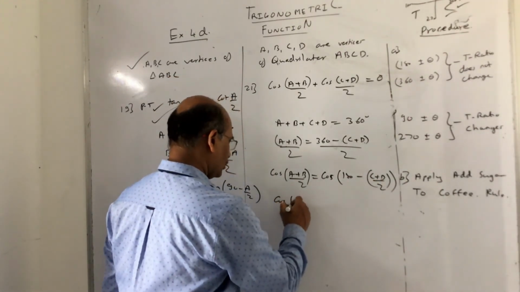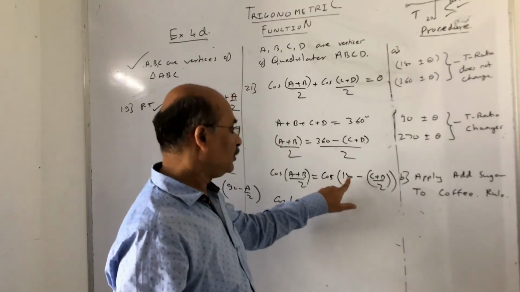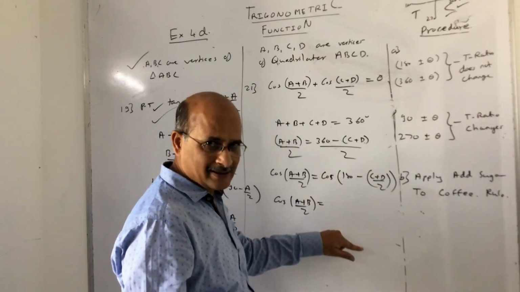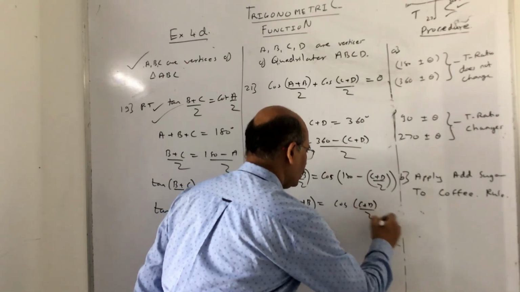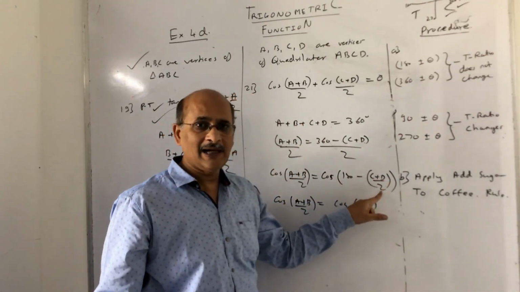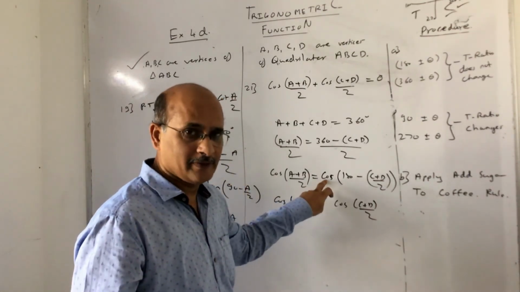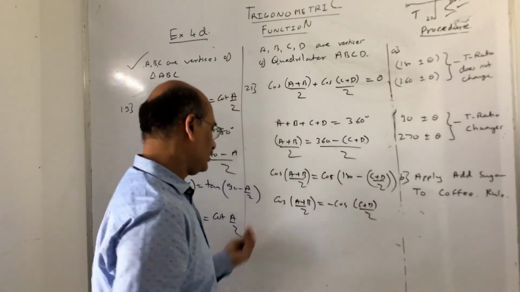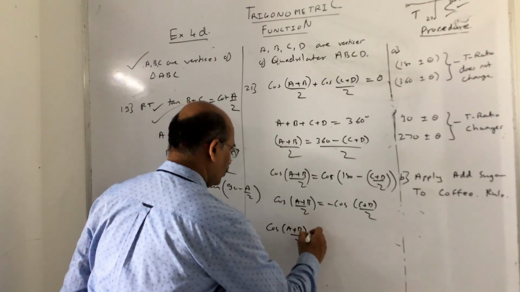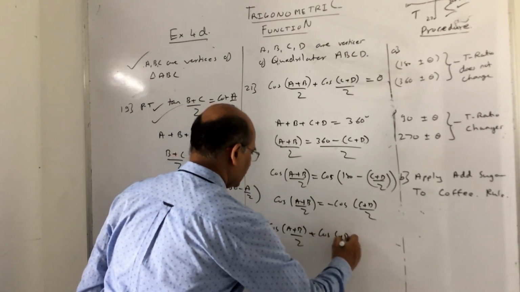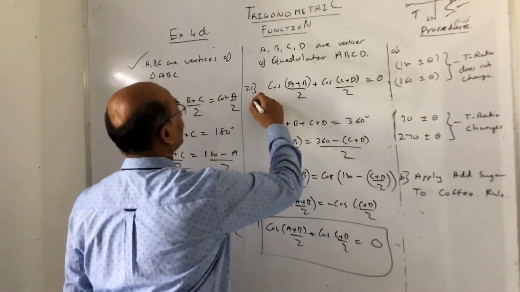So cos of A plus B upon 2 is equal to minus cos of C plus D upon 2. Remember, once again, with 180 and 360, the ratio remains as it is. And 180 minus theta is second quadrant. Understand? In the second quadrant, cos is negative or positive? Negative. So minus. Take this side. So cos of A plus B upon 2 plus cos of C plus D upon 2 is equal to 0. This is what exactly they are asking us to prove.